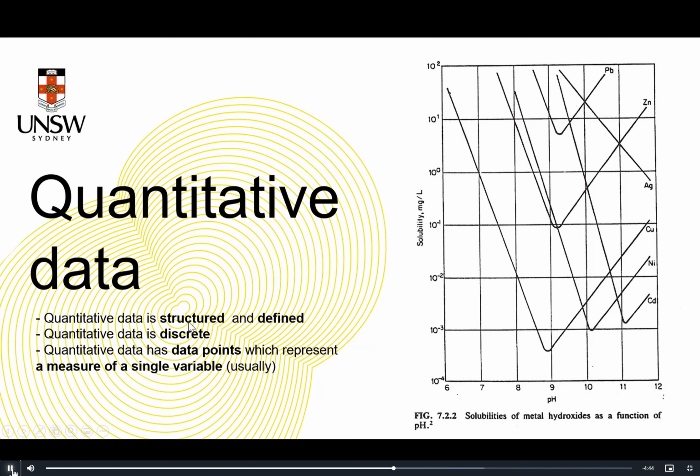That is to say that it has factors which can't be broken down any further, or if you do break it down, then it's meaningless. Quantitative data has data points, so these graphs here represent specific data points, and these represent the measure of a single variable. In this example, here we have zinc, and zinc changes its solubility as it changes its pH, and this is a single variable for a single function.